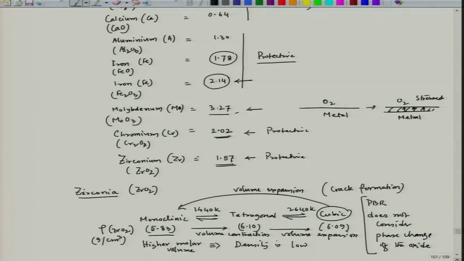So, that is what we do to avoid that phase transformation, and that would lead to stability in the zirconia, so crack formation would not happen because of the volume expansion in the oxide layer, and that is why we use yttria stabilized zirconia, which stabilizes the high temperature phase down to room temperature. But from the PBR aspect, it does not consider this phenomenon. Like that, PBR does not consider many other things, so let us note down all those factors that PBR does not consider.